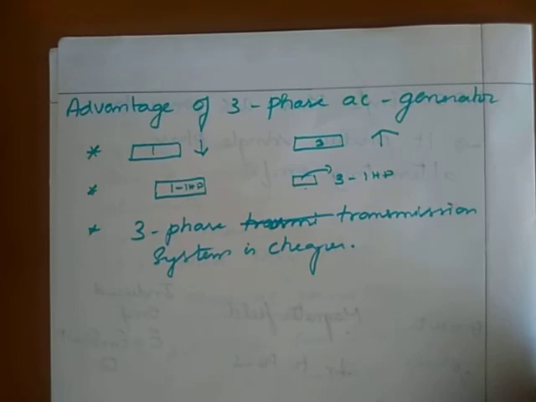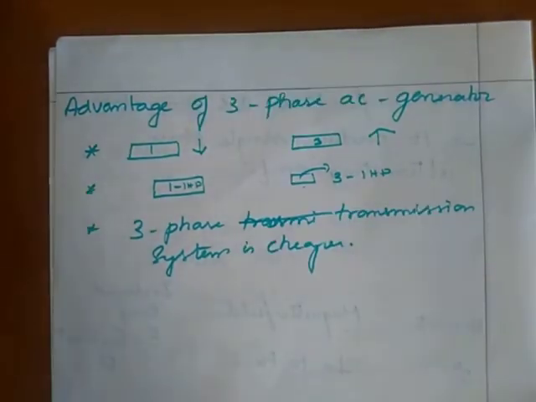Students, there is a little difference between the single phase and 3-phase AC generator. The single phase AC generator produces a single phase EMF and has only one armature winding.